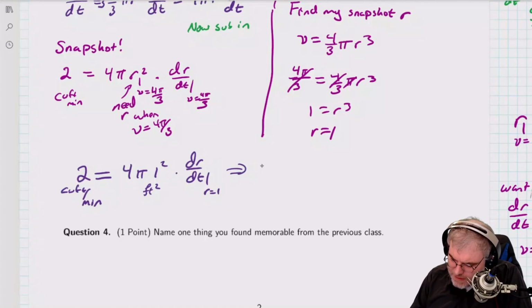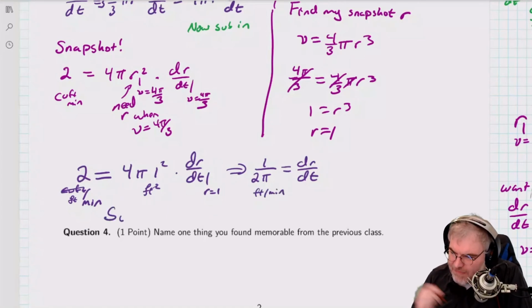That gives me 1 over 2 pi equals dr over dt. And the units match, because the feet squared will cancel with the feet cubed. This will just become a foot, so that's feet per minute.